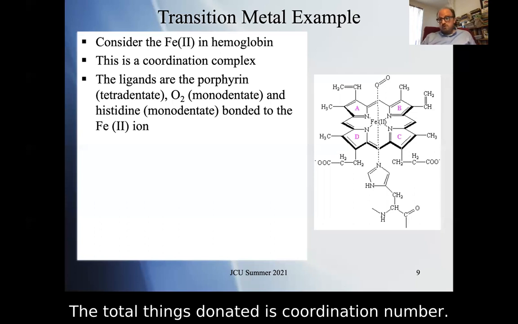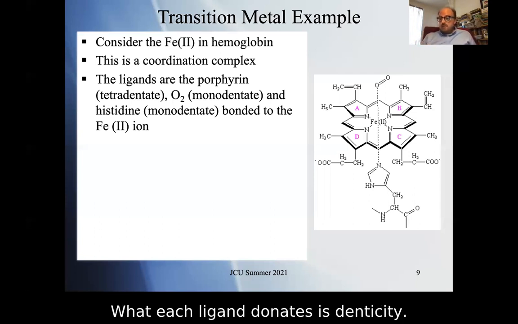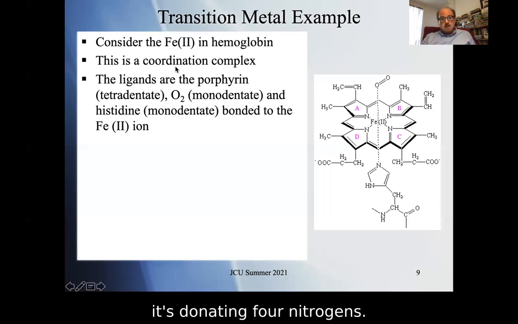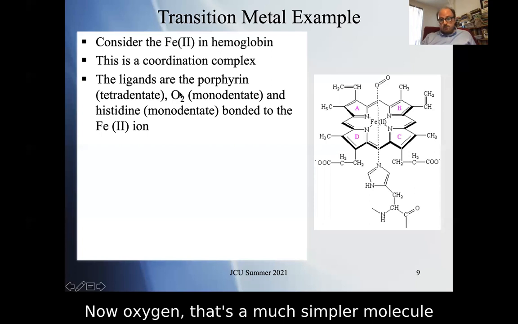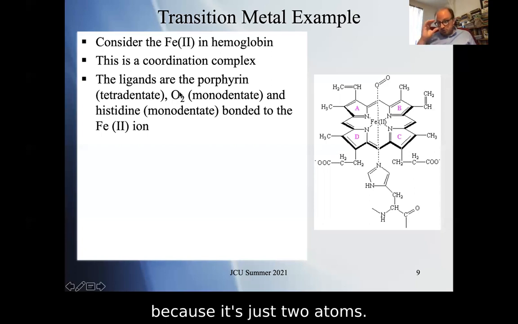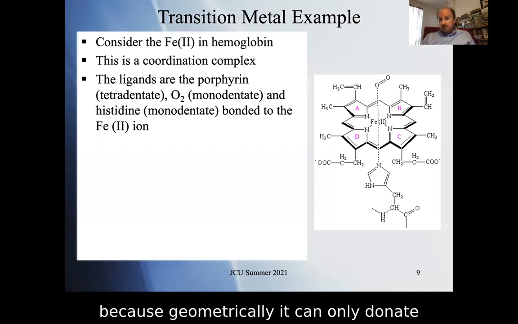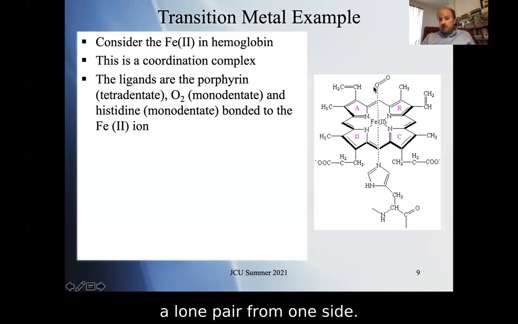The total things donated is the coordination number. What each ligand donates is the denticity. So here the porphyrin is tetradentate. It's donating 4 nitrogens. Now, oxygen is a much simpler molecule because it's just 2 atoms, and that would be monodentate because geometrically it can only donate a lone pair from one side.